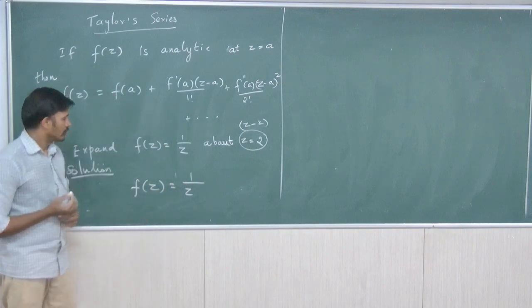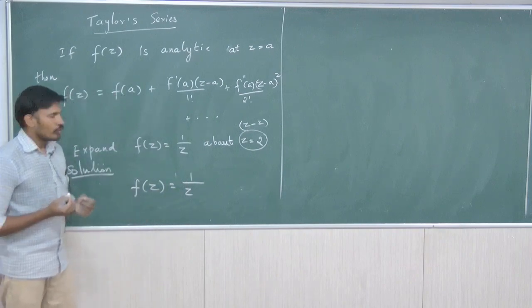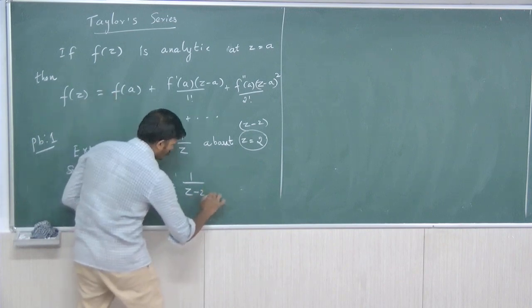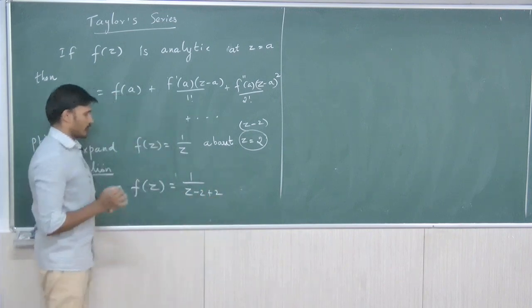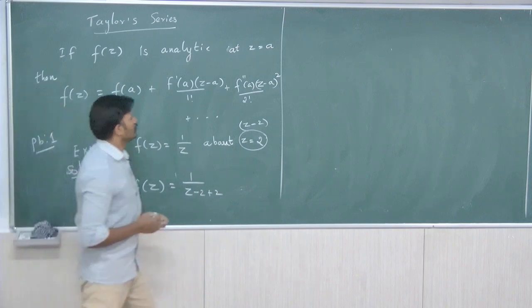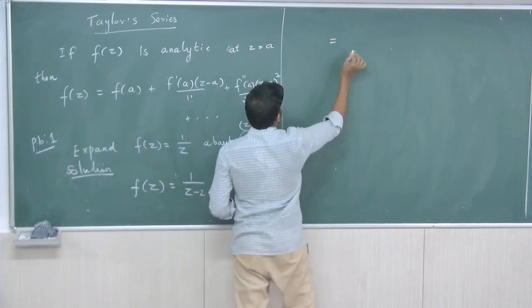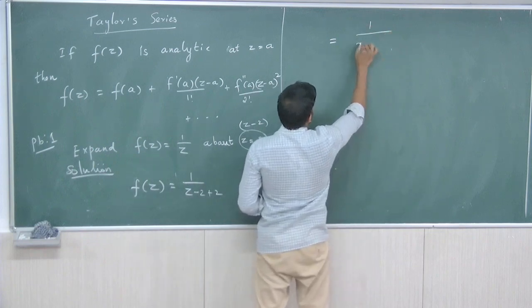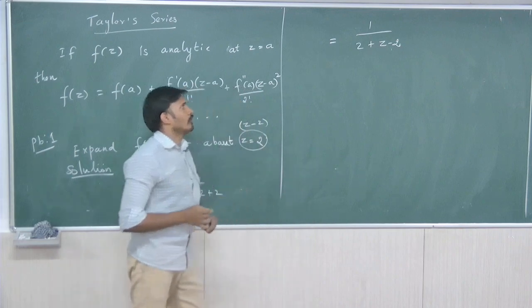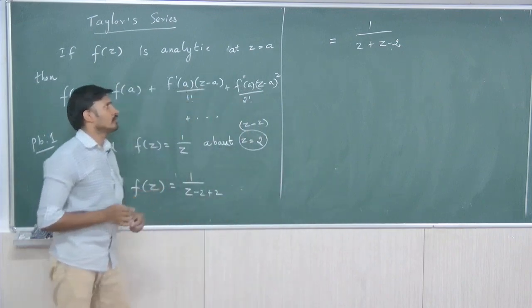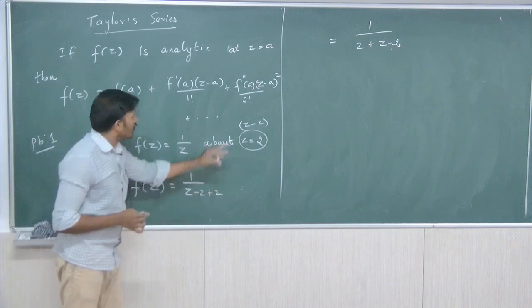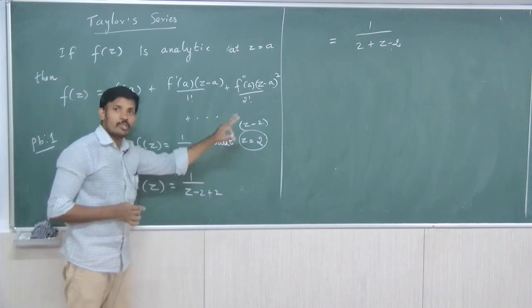So for that, I am going to subtract and add 2 in the original function, right? So from that, I am going to rewrite it as 1 by 2 plus z minus 2. The value is not changed.